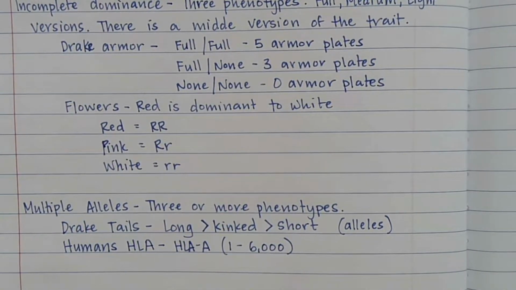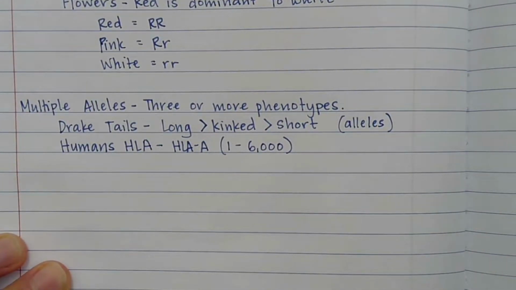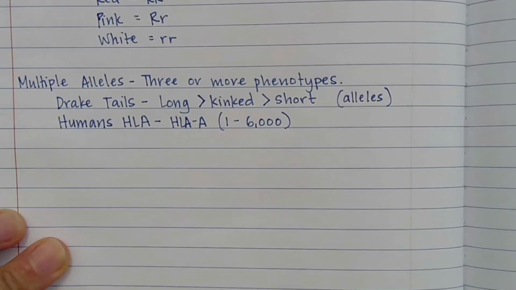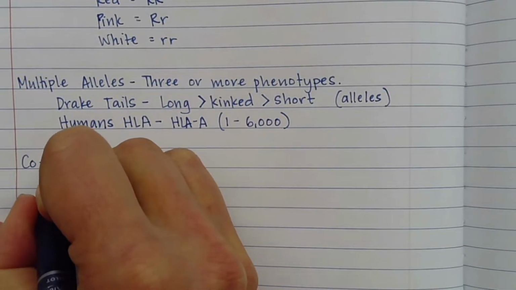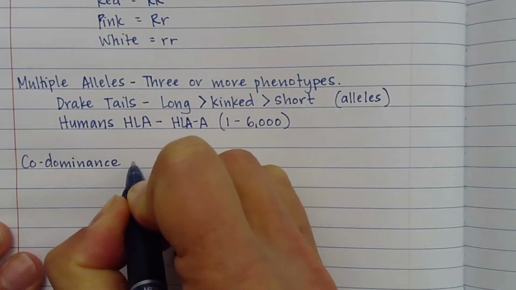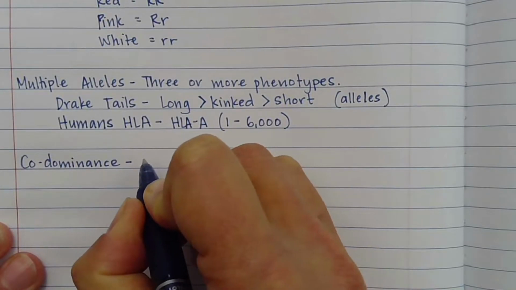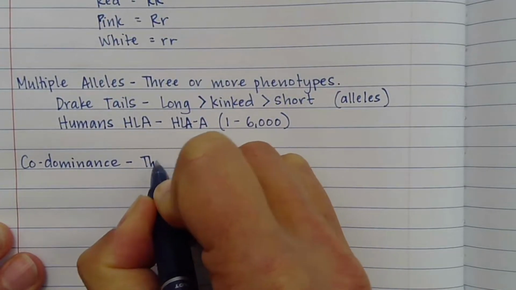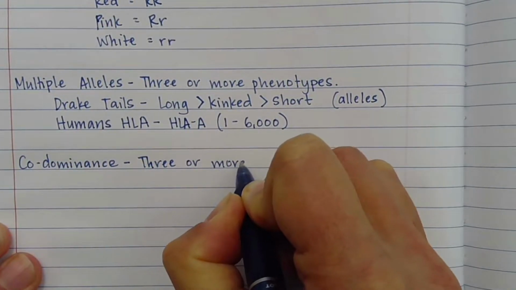All right, the next thing that we're going to look at is one that I really like, called codominance. So in codominance, there are 3 or more phenotypes.